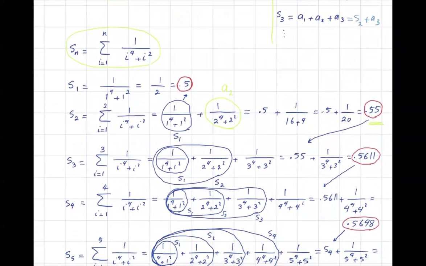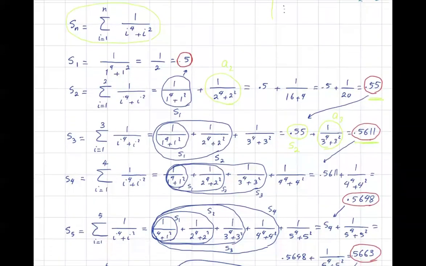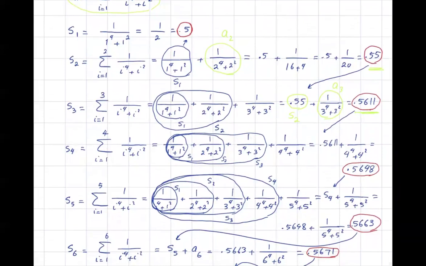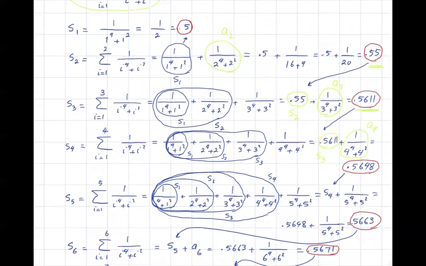And since S3 is equal to S2 plus the third term, A sub 3, this is equal to 0.5611. Then we calculated S4, which is S3 plus the fourth term, A sub 4, and you continue this process.